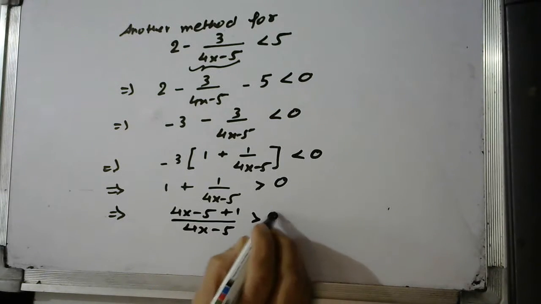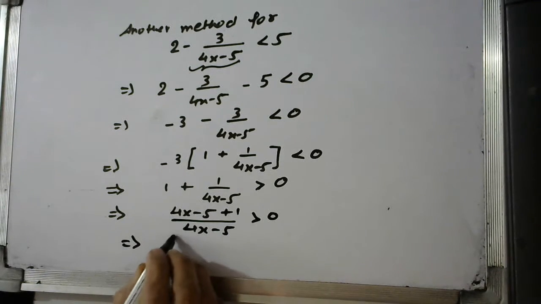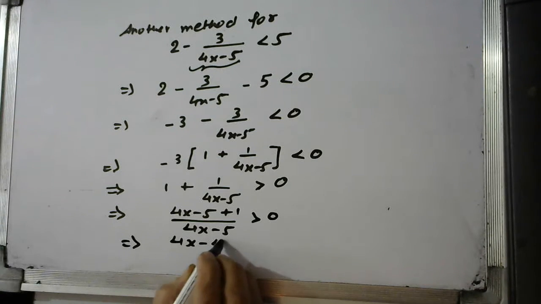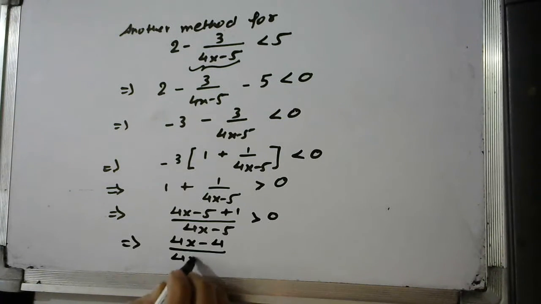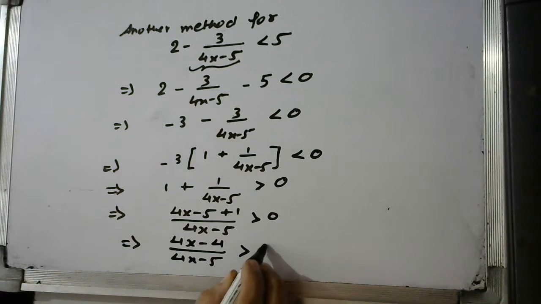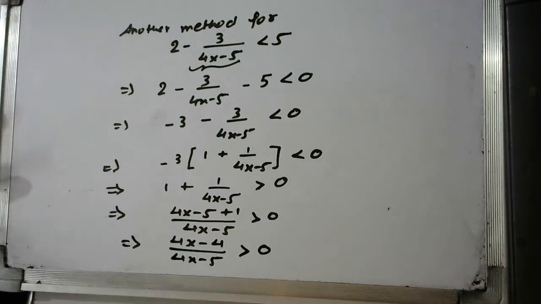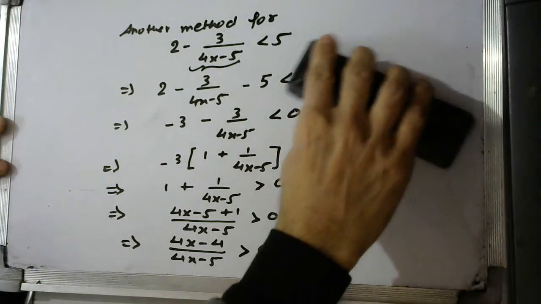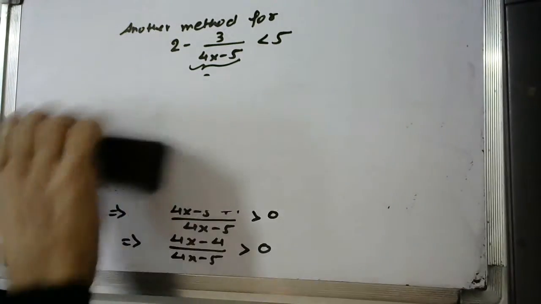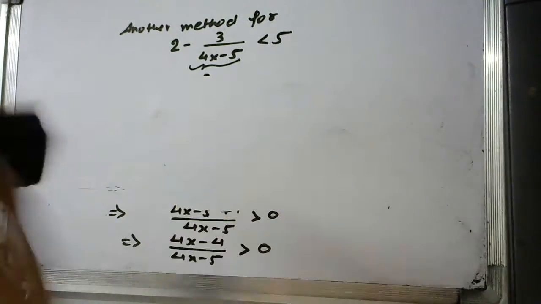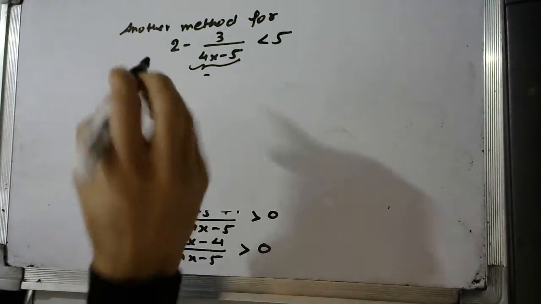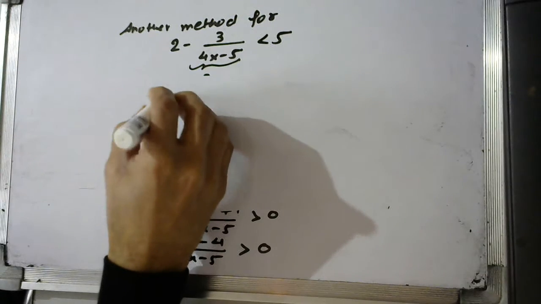Arrive at this step. In the next step, I can take 4 common in the numerator.